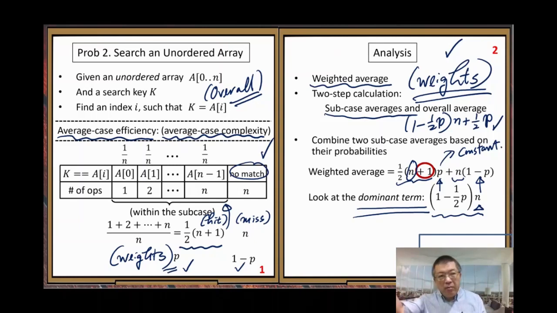We can drop all the minor terms and only keep the dominant term. So for that reason, we need to use this concept. All right, let me stop our second video, C.2, right here.